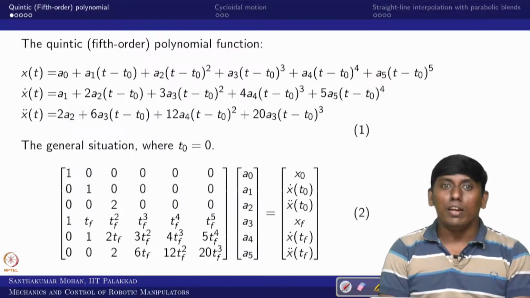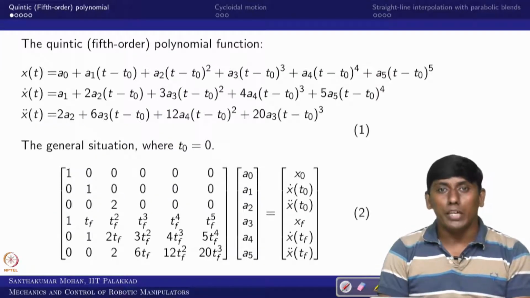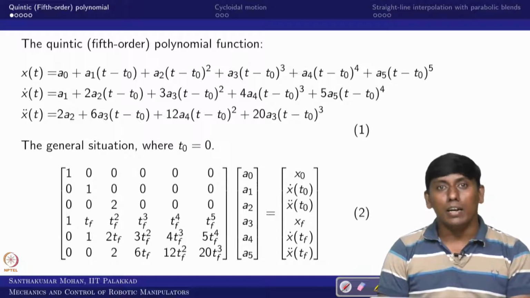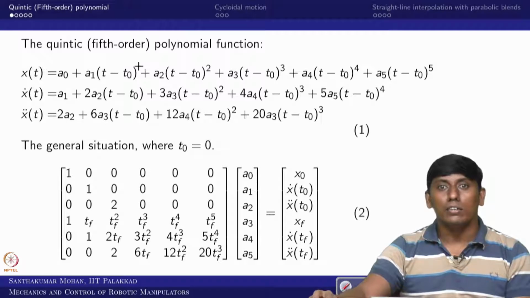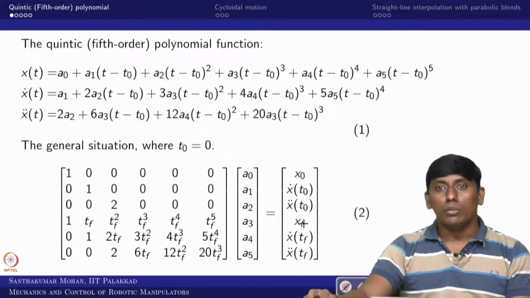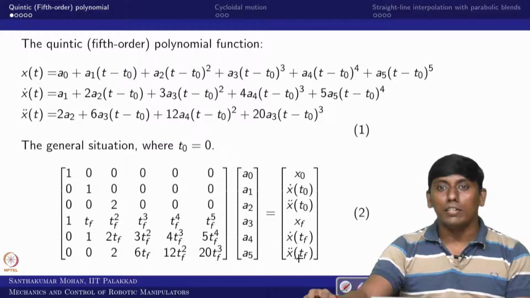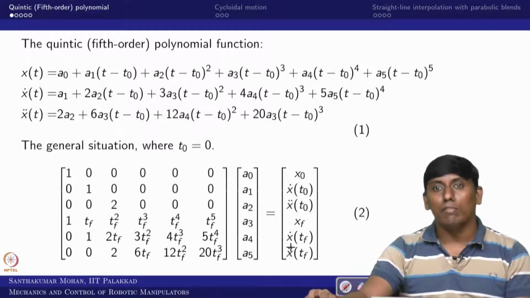We will see the equations we have derived in the regular lecture. These can be portrayed with the initial and final conditions. You can see here the acceleration is also controllable. If you equate the initial acceleration and final acceleration, there would be 6 unknowns and 6 equations, which we can write in matrix and vector form.